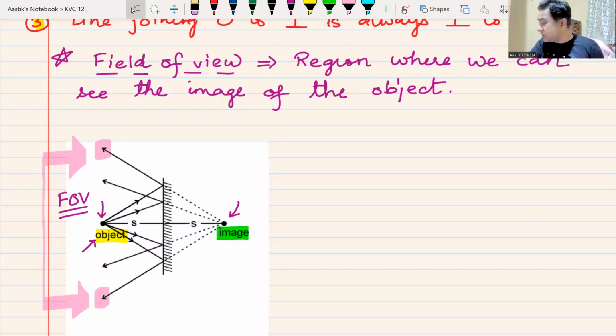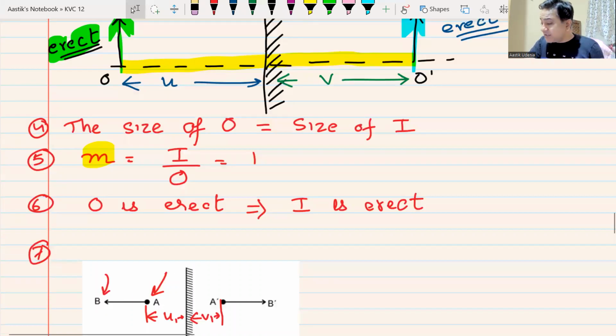We had done a simple question on that as well. Maybe the same question might appear in the next JEE Advanced. Then we had seen that for an extended object, the size of the object and the size of the image are the same, or magnification is 1. Object is erect, image is erect.